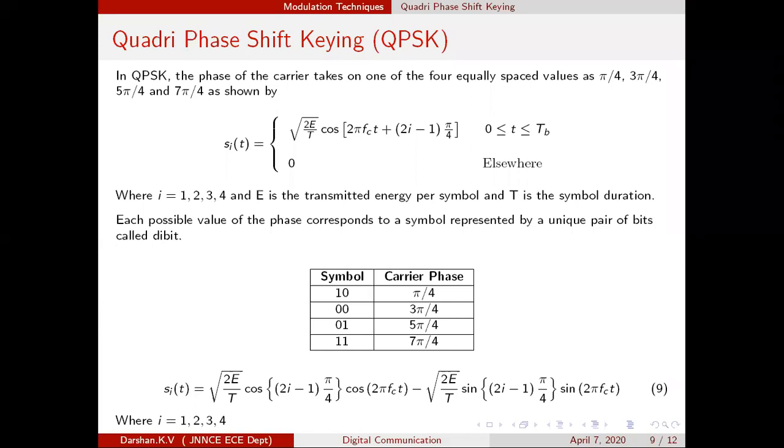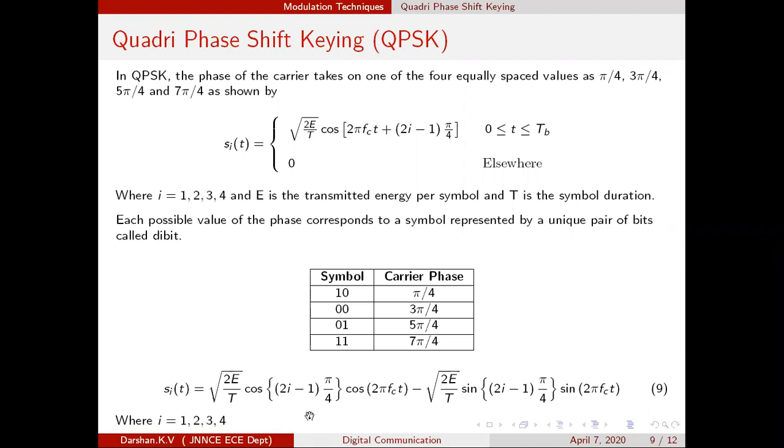So we know the equation. The next thing is that we are supposed to express it in the form of a geometrical representation, or point format. Any signal can be expressed as a linear combination of orthonormal basis functions.